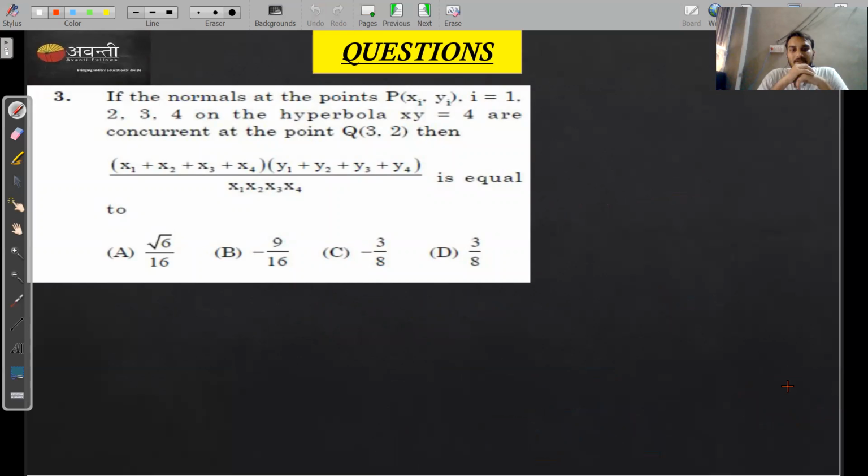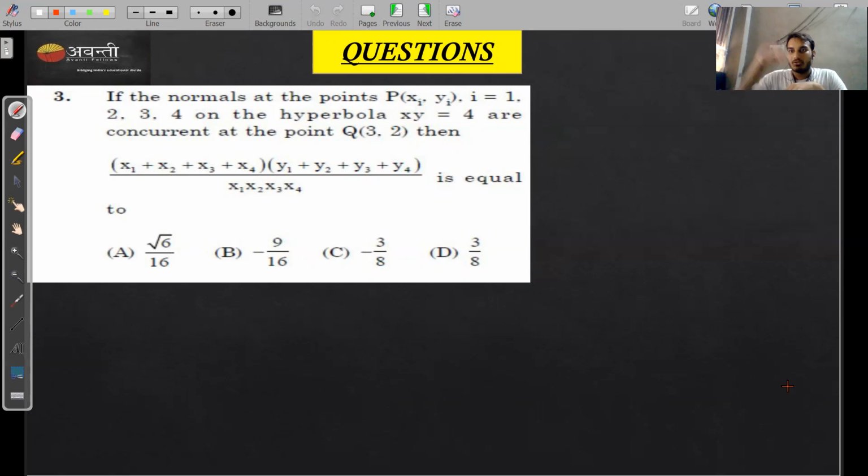This question is a little interesting one, nothing hard, just a little interesting how the information is presented to us. See, it's saying that there is a hyperbola xy equal to 4. We are taking 4 points on the hyperbola and drawing a normal at each.